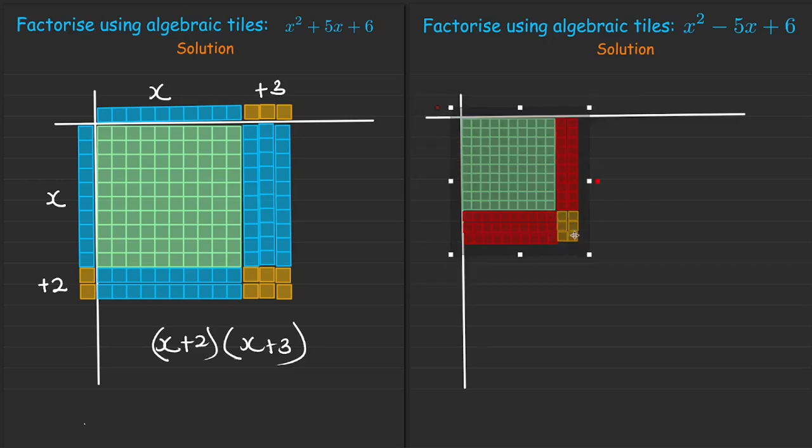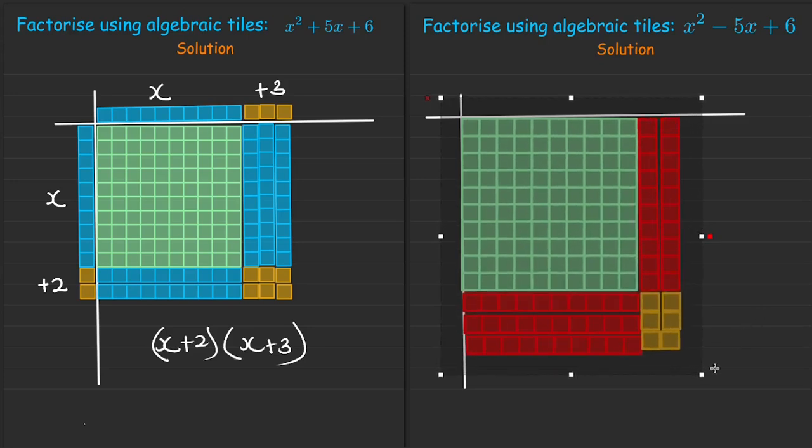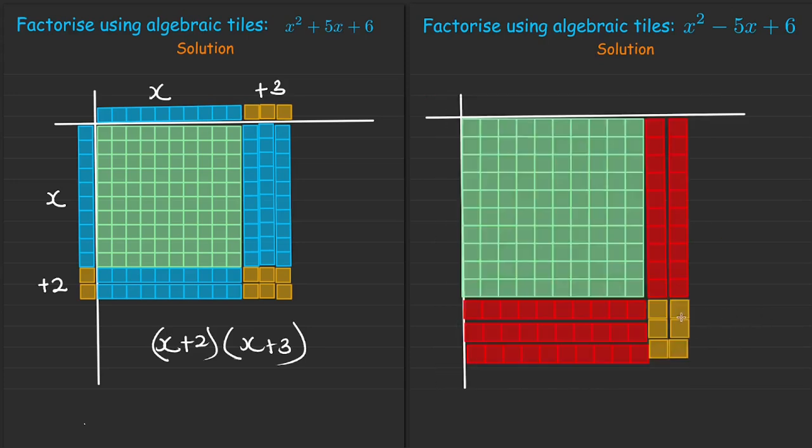Let me maximize so that you can see clearly. So this is what we have. What unit do we have for the width? And what unit do we also have for the length? The best way to do that is by picking the x bars and then aligning them here so that you can do your measurement.